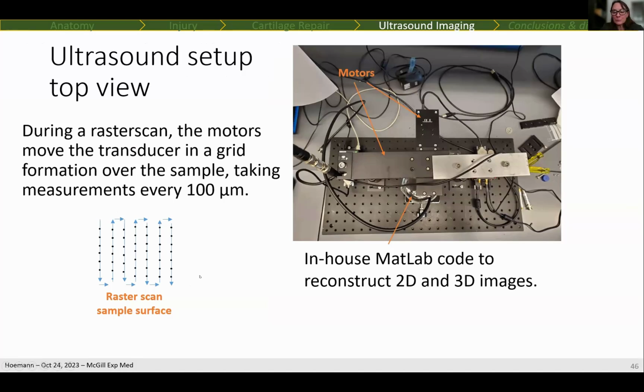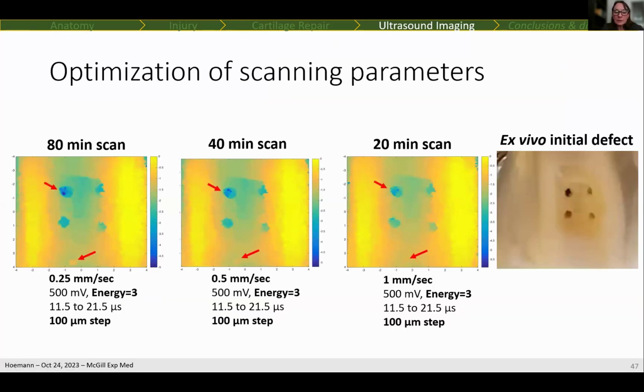The scan can take 4 hours, it can take 20 minutes. So we optimized the scanning parameters in the beginning so that we weren't sitting there all day long scanning one sample. You could see some features change a little bit if you go from an 80-minute scan to a 20-minute scan, but I think we wound up going with the 40-minute scan.